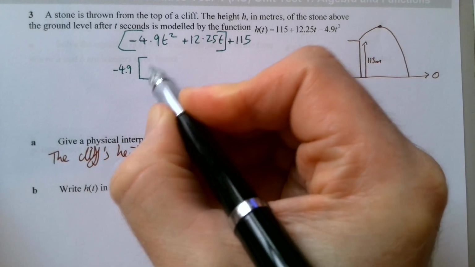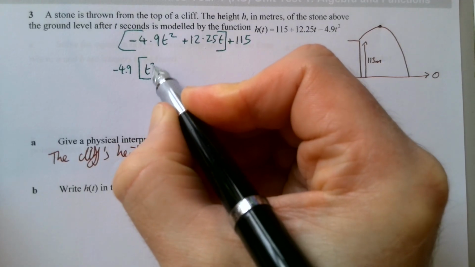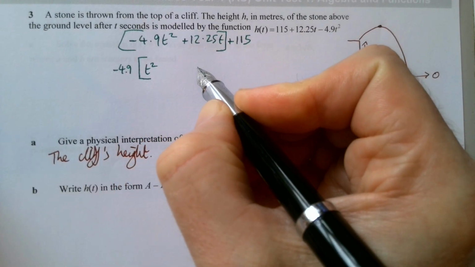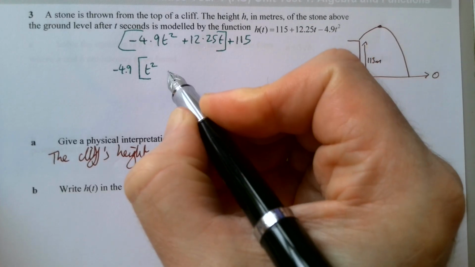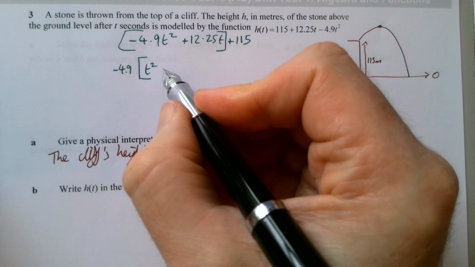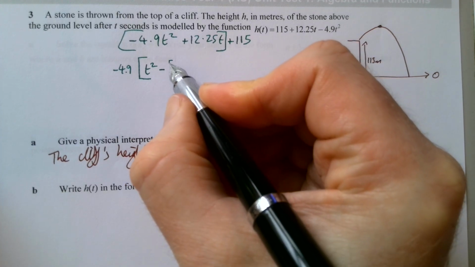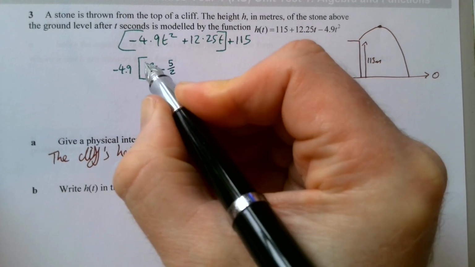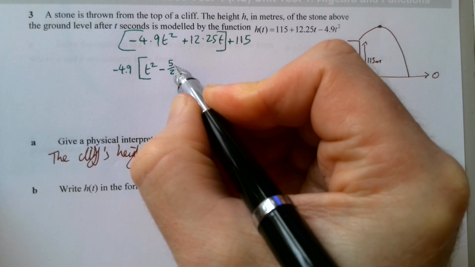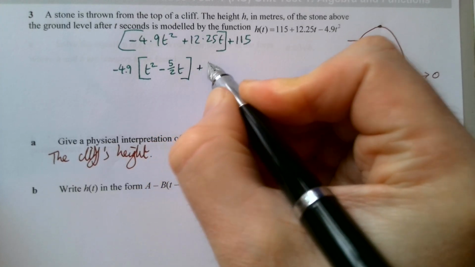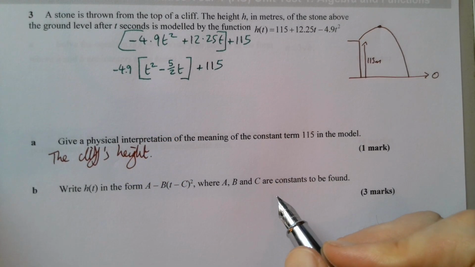So if we divide that by negative 4.9, we get positive t squared. If you divide 12.25 by 4.9, you get 5 over 2, or 2.5. Or actually negative, because it's a positive divided by a negative. And I'm actually just going to write that for now like that. Then you've got your 115 outside of it.